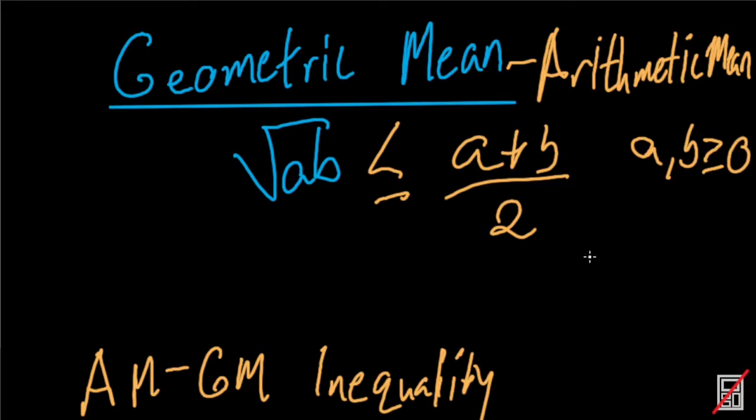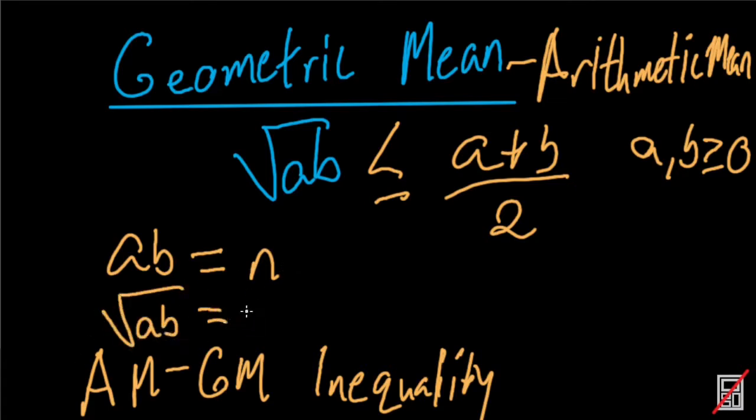Now this should be a bit surprising, because what we're doing is we have two numbers a and b that multiply to give us n. So the square root of ab is equal to the square root of n. This is what we're looking for. We are approximating it by using a plus b over 2. And that guess that we're making is always going to be bigger than the actual answer.